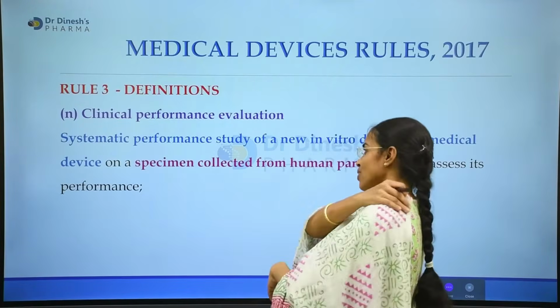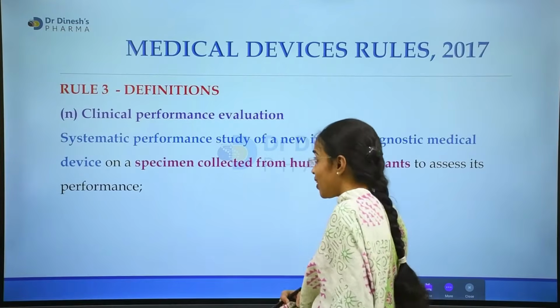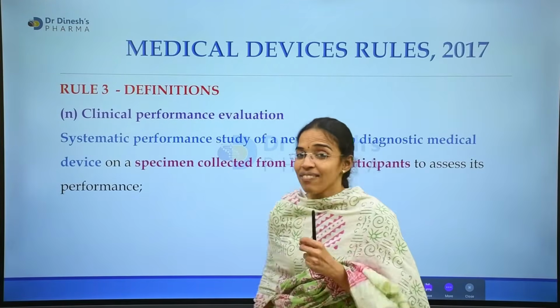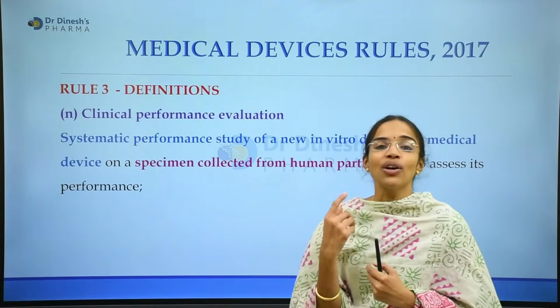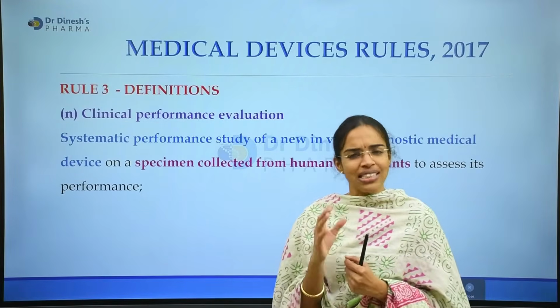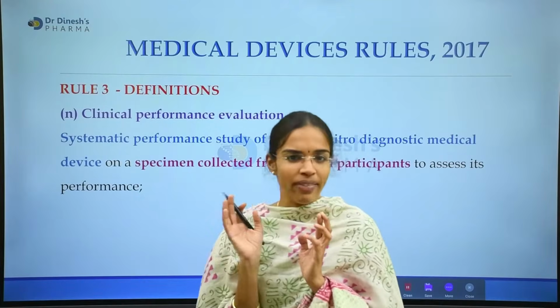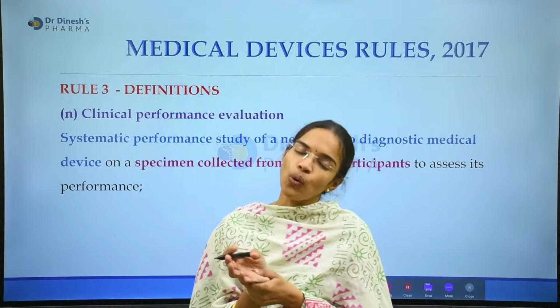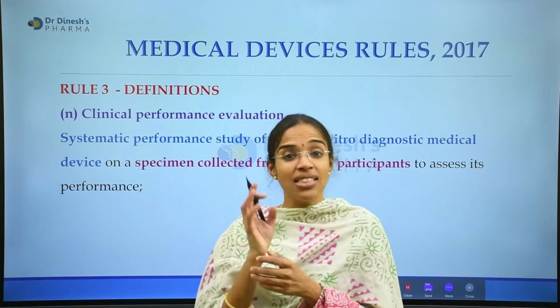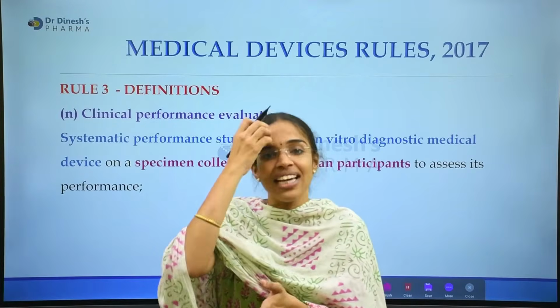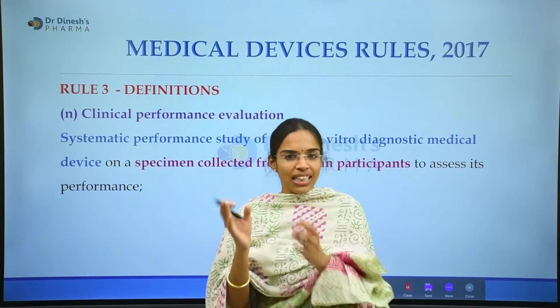So what is the clinical performance evaluation? As we just studied, it is a theoretical assessment. Does it not involve any practical moderations? It does involve practical moderations, which are performed in the clinical investigation.